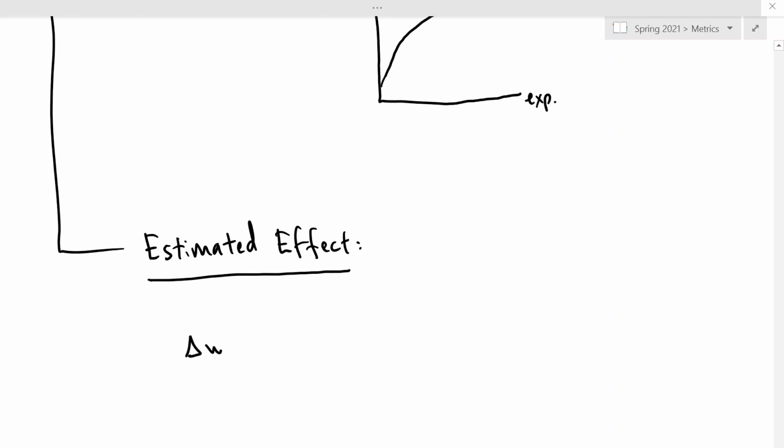The change in wage with respect to experience is then equal to beta 1 plus 2 beta 2 x.